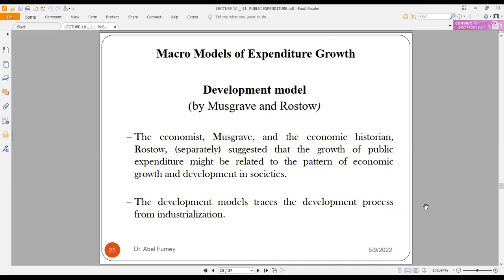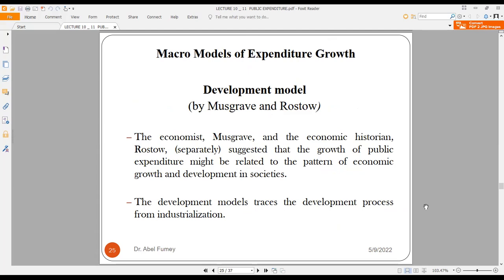Then let's look at the development model by Musgrave and then Rostow. Musgrave was an economist. Rostow was an economic historian. According to them, the growth in public expenditure might be related to the pattern of economic growth and development in society. So the level of expenditure depends on the stage of development of that particular state.